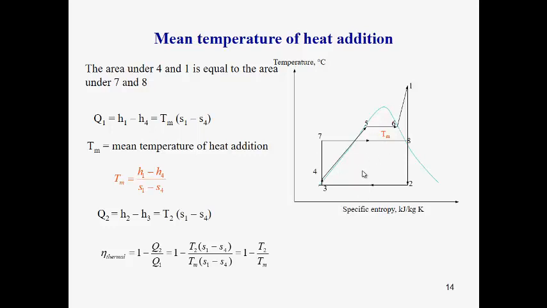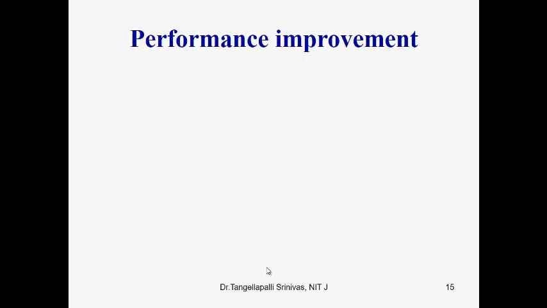For heat addition as well as heat rejection, the entropy difference is the same, as in the Carnot cycle. Cancelling this entropy difference, the remaining equation is 1 minus T2 by Tm. It is the same as the Carnot cycle efficiency.